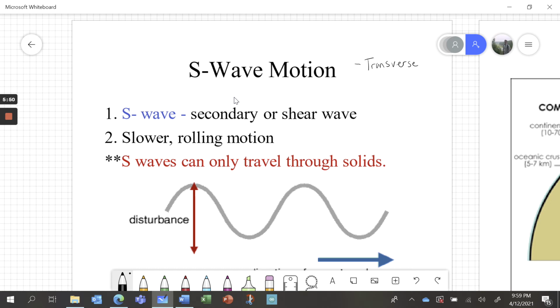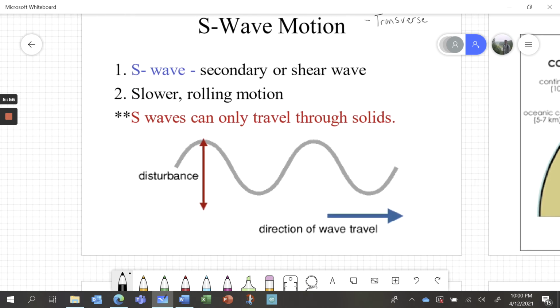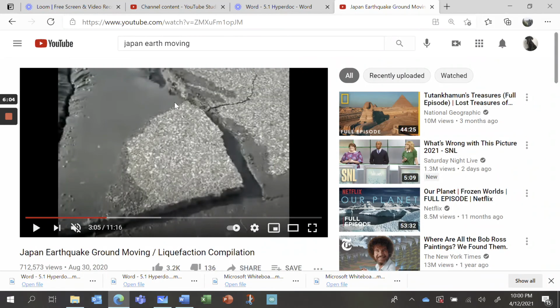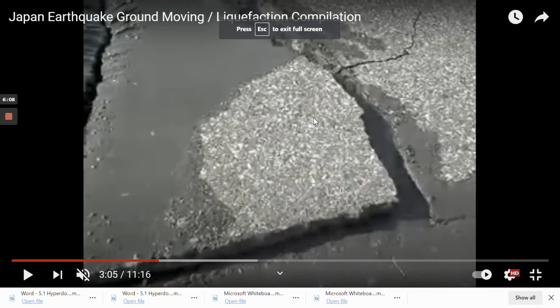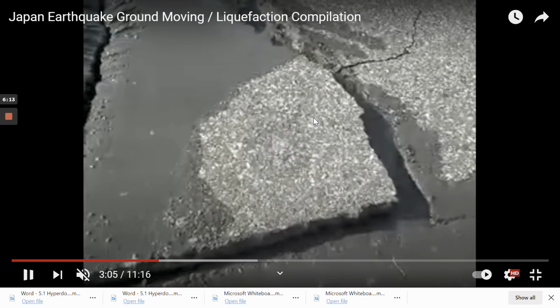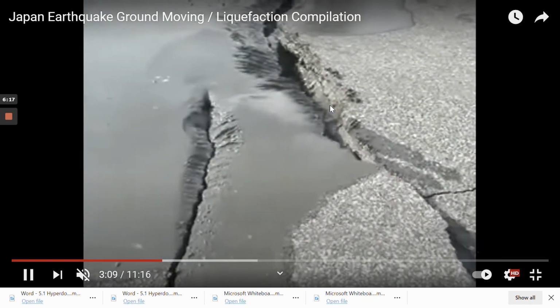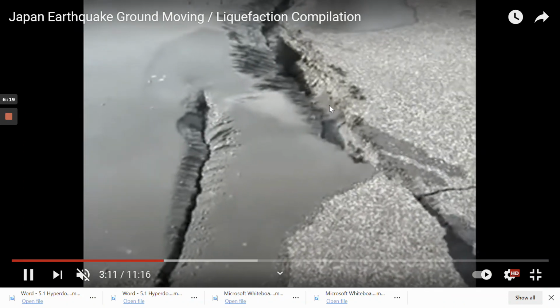In an earthquake, these won't go through the center of the earth because the center of the earth is liquid. If you want to see an example of an S wave, a very powerful S wave, here is a quick clip of the earth oscillating. So you can see it is going out and back.